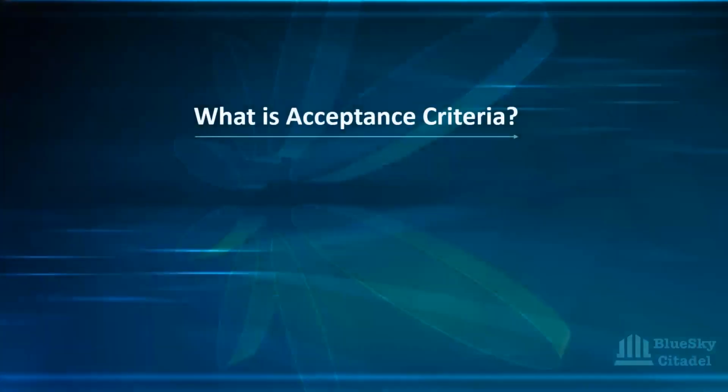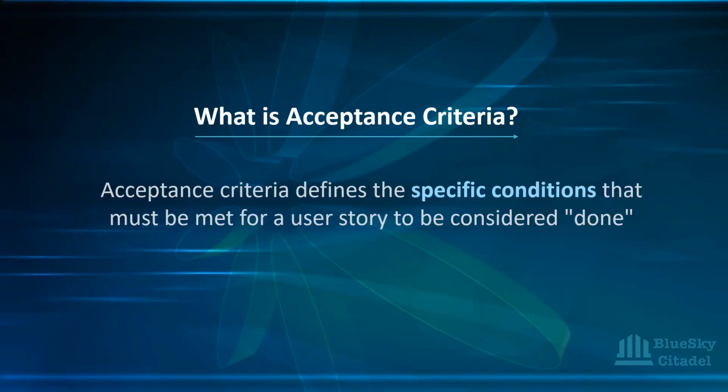What is acceptance criteria? Acceptance criteria is where you're defining the specific conditions that have to be met for a user story to be considered as done. We spoke about this password. So what are the specific conditions that have to be met for that user story to be considered as done? That's what we call acceptance criteria.